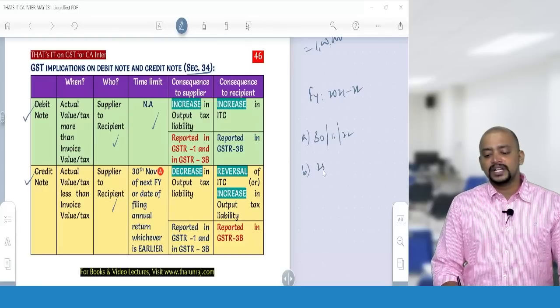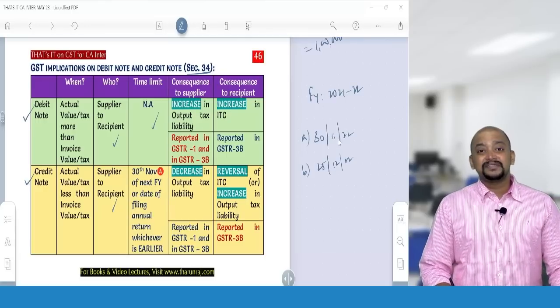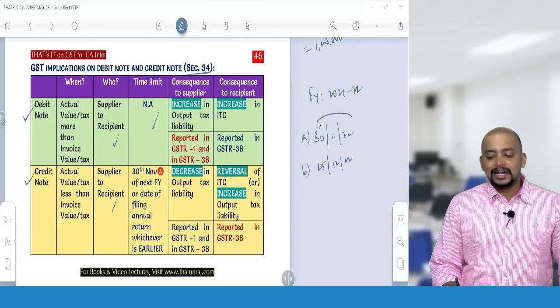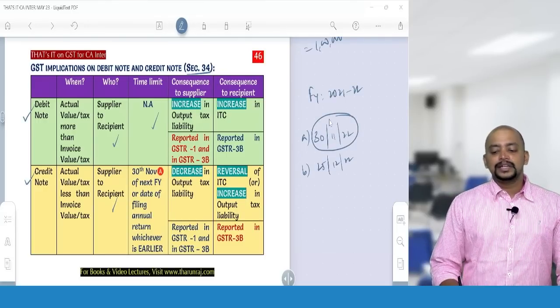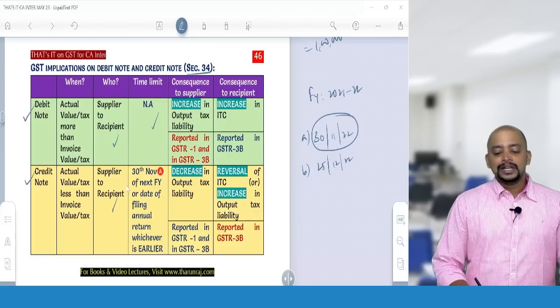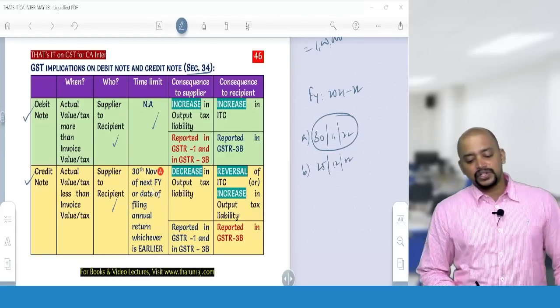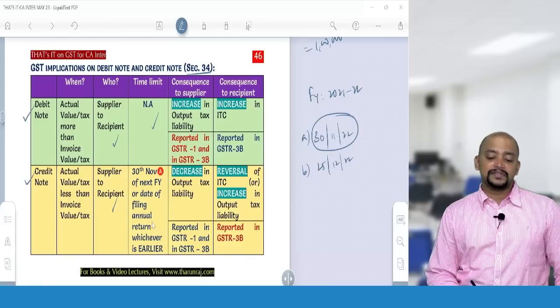Suppose that is 25/12/2022, then whichever is earlier. So by 30/11/2022, the credit note needs to be issued.